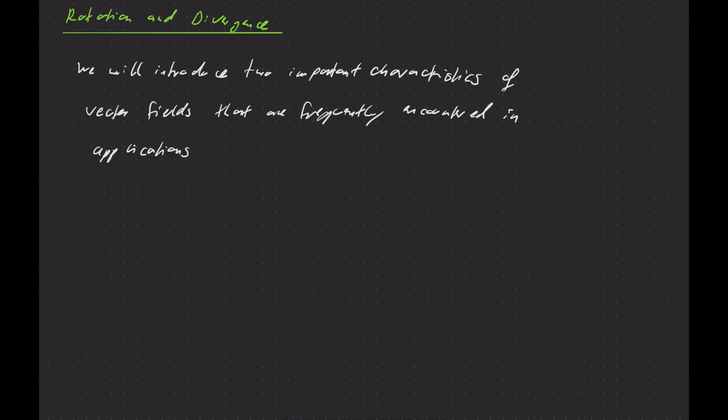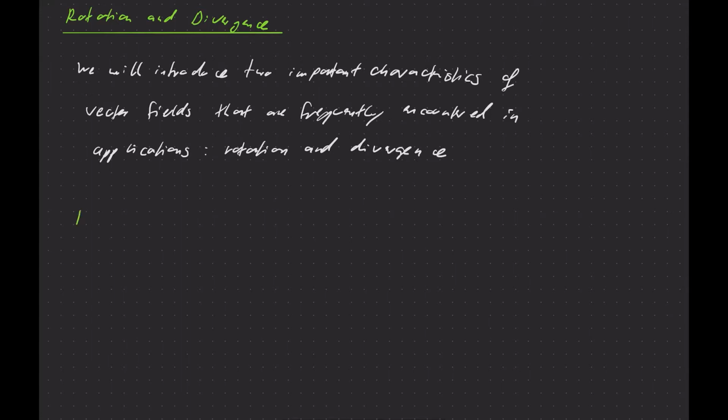And those are called rotation and divergence. I'll give you the formal definition first. We'll start with the rotation, and then I'll give you an idea of what those mean, how those can be interpreted. And of course, we'll also see a couple of examples.